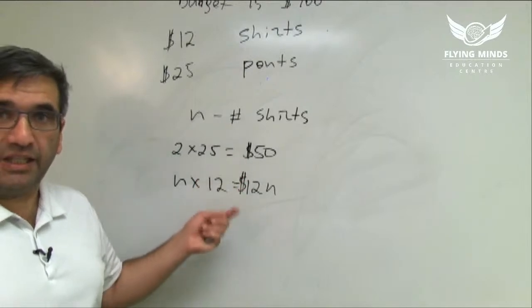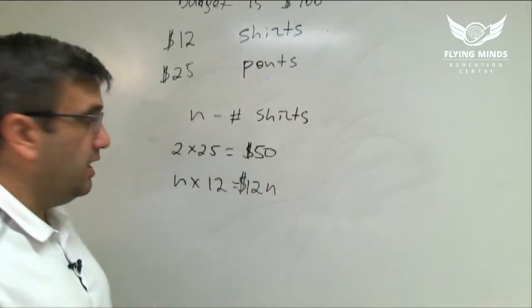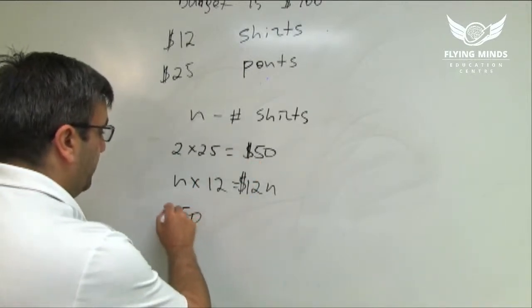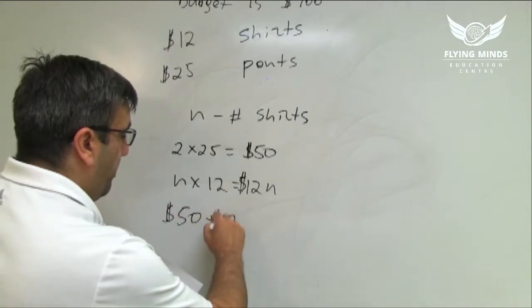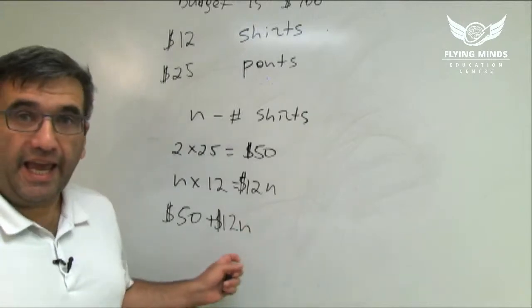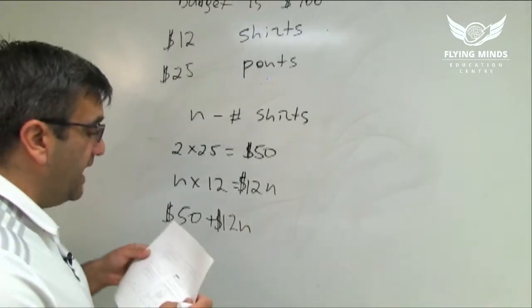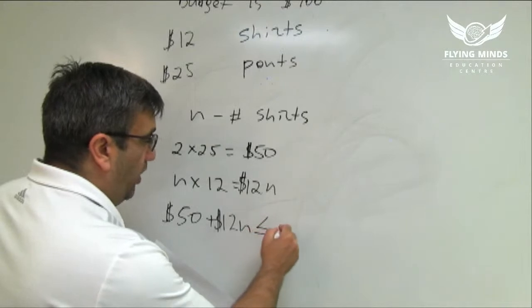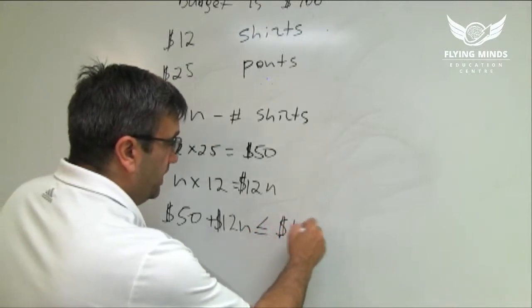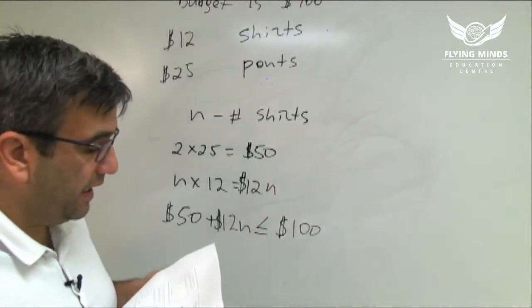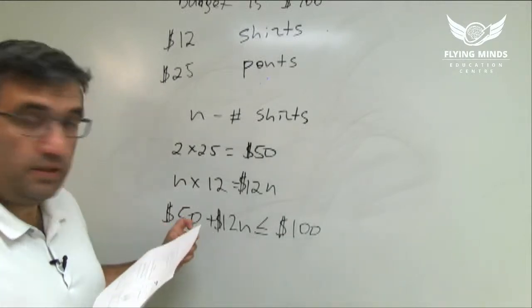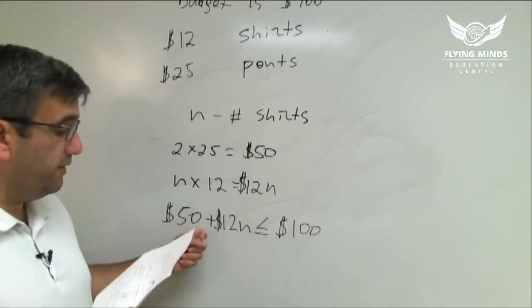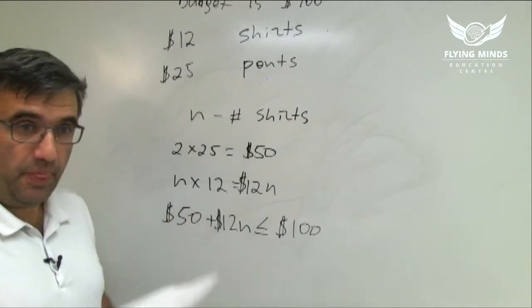And if we add these two quantities, this is how much she's gonna spend. And this amount must be less or equal to 100. Okay? So correct answer for this question will be part D.